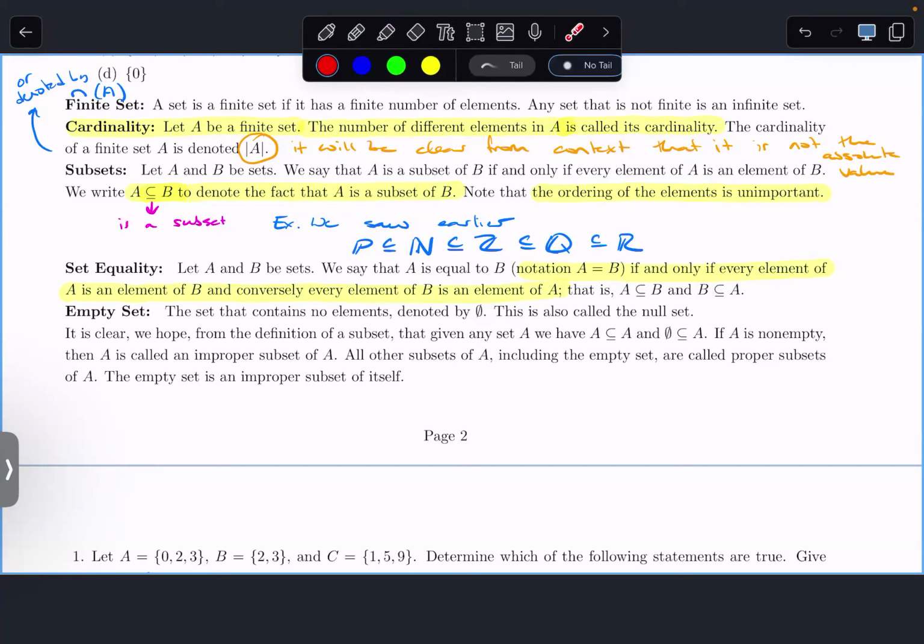So if and only if every element, and I'm going to introduce, we're not going to be writing a ton because I'm trying to avoid it, but if and only if is abbreviated IFF. Might come in handy, I don't know. And so every element of A is an element of B. And conversely, every element of B is an element of A, which is really just to say that A is a subset of B and B is a subset of A.